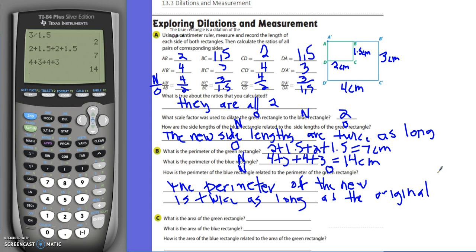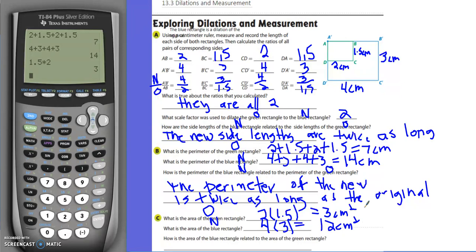Okay, what is the area of the original rectangle? So it's going to be 2 times 1.5. So 1.5 times 2 is 3. So 3 centimeters squared. What is the area of the new rectangle? That's going to be 4 times 3, which is 12.